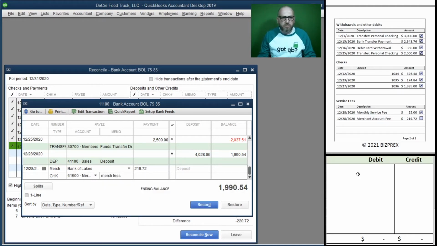Okay, so what's going on here? Make sure that we understand that right here we're booking an entry, right, using a register.